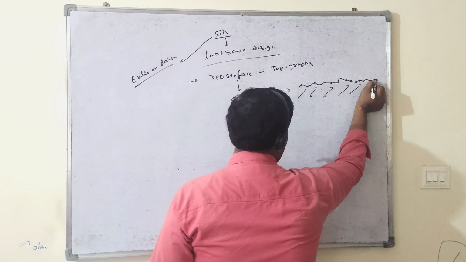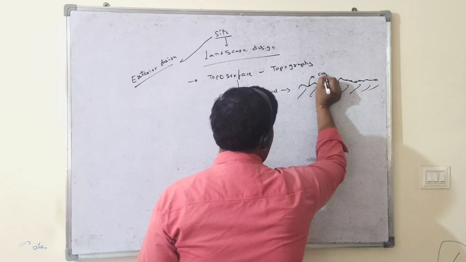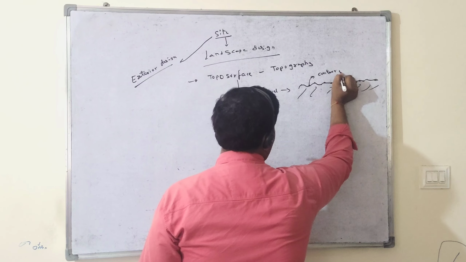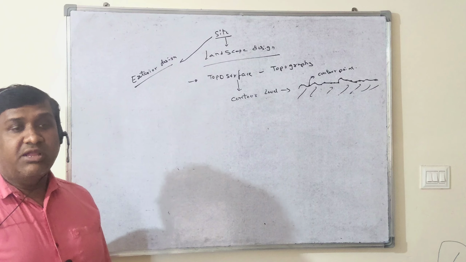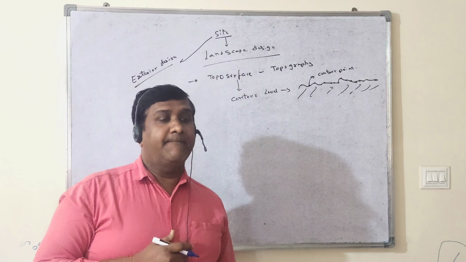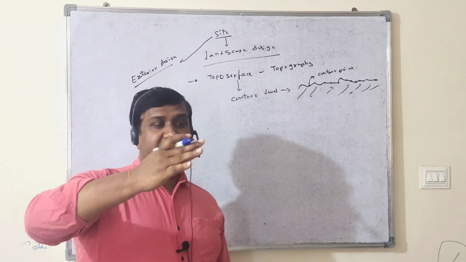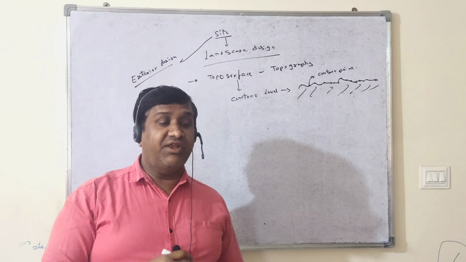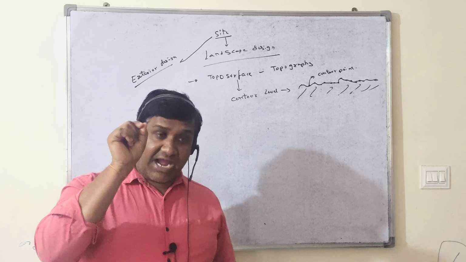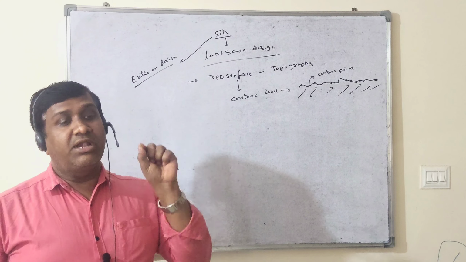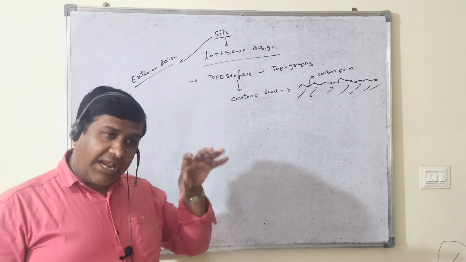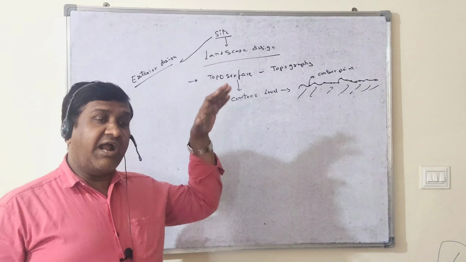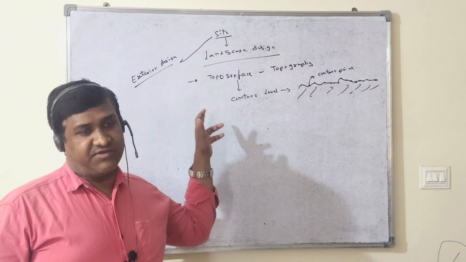This we will call a contour point. So it's not possible to get the topo surface at 0, because the mud level will have different heights, and that height we will call the contour level, the contour height. So along with the contour height, we have to create the topo surface first.